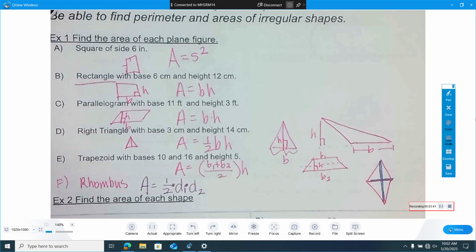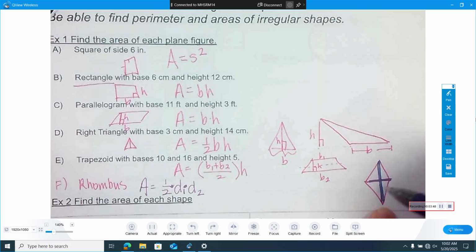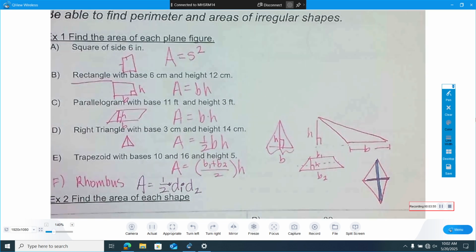It's half the product of the diagonals. So, easy formulas. They'll give you the diagonals of the rhombus if you see that.